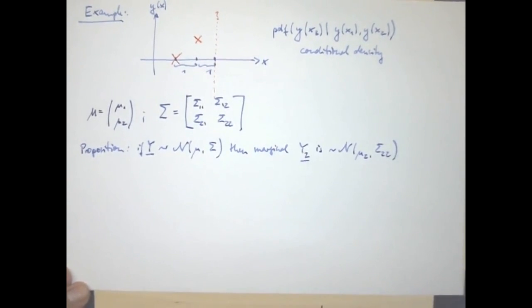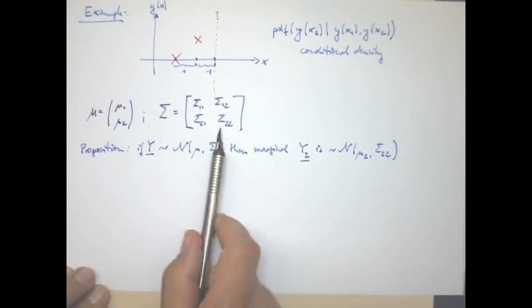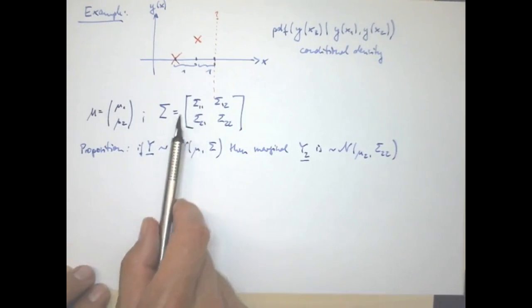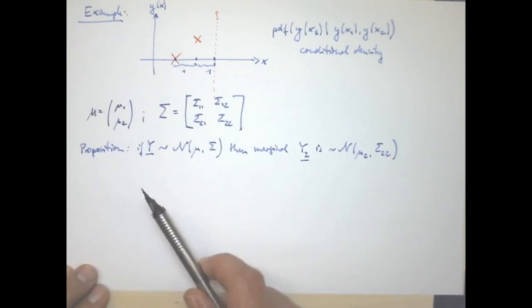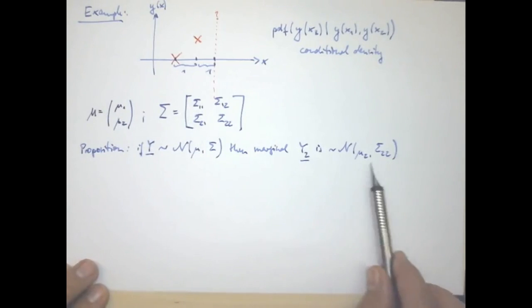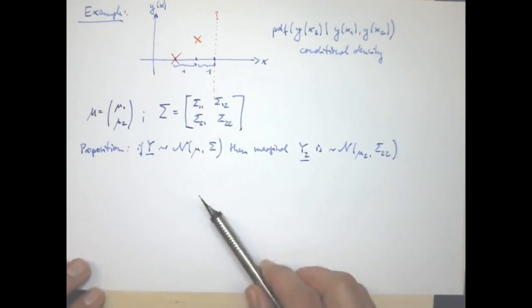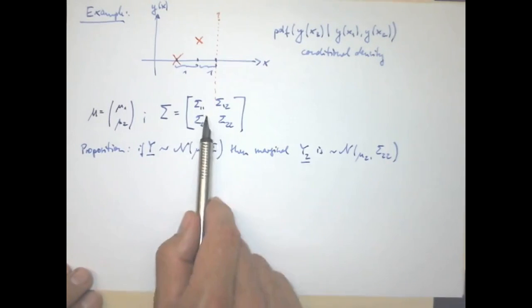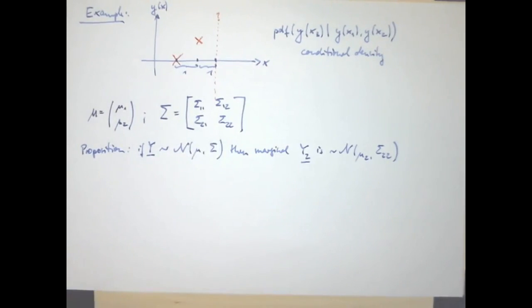So in other words, we don't need to do any complicated math. If we just want to integrate out part of our random variables, then we can simply use the corresponding parts of our partitioned mean and covariance vectors and matrices.